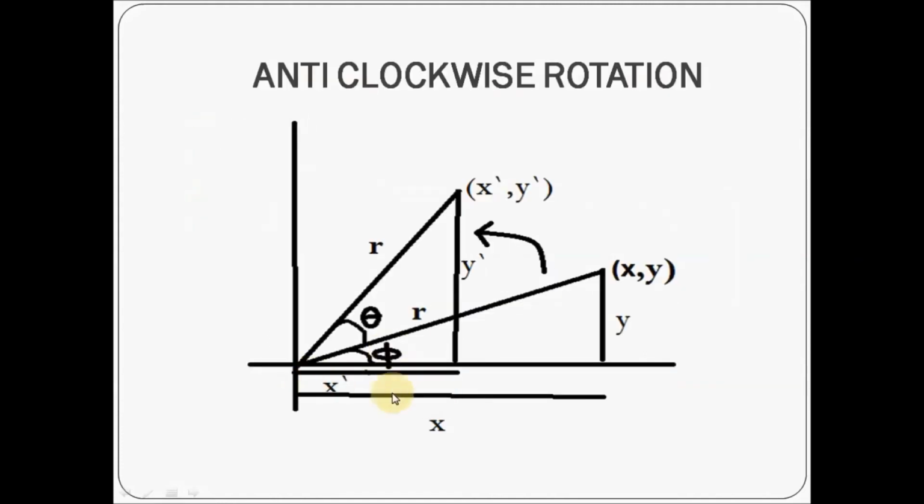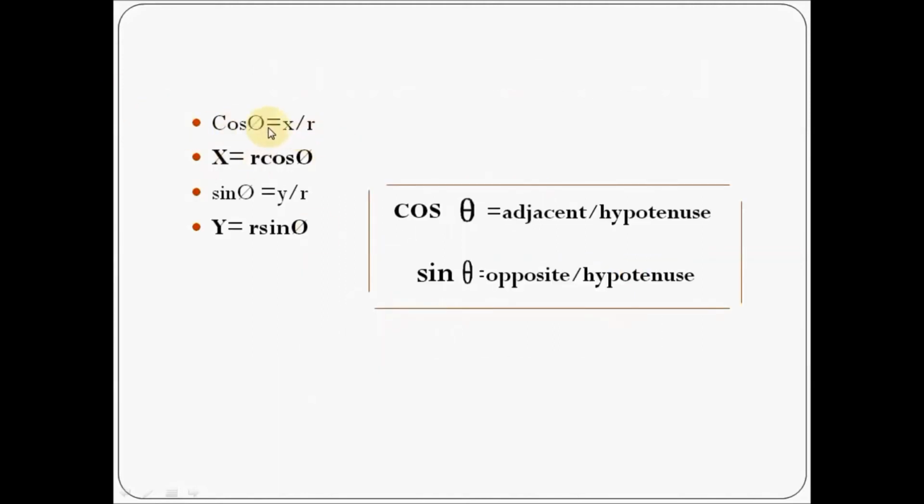Adjacent is x. See this triangle, this is the old one. Adjacent is x, hypotenuse is r. So cos phi is equal to x by r. Getting, guys? So I can write this as x is equal to r into cos phi.